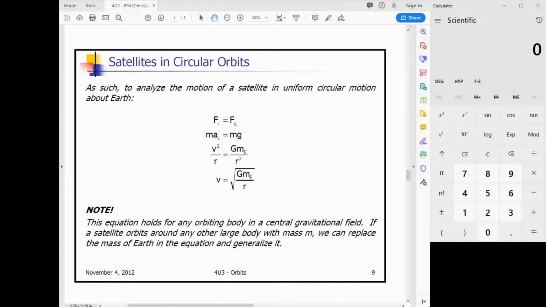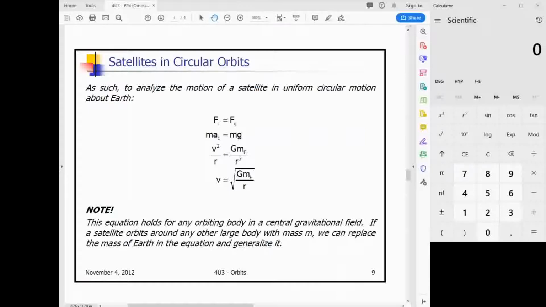This equation is true for any orbiting body in a central gravitational field. Notice that the mass of the moon or the mass of the satellite is not needed to solve this because it gets canceled out in the second line. We have m a c equals m g, so we divide that out.